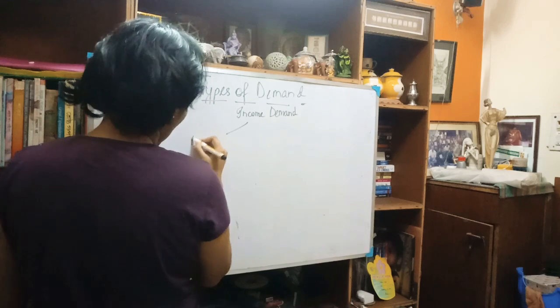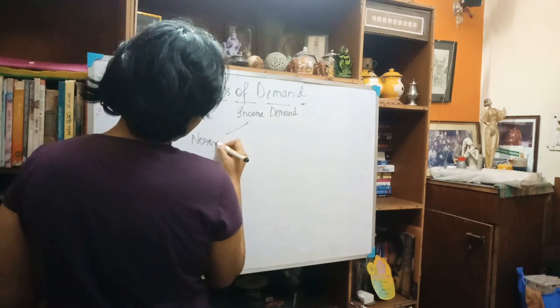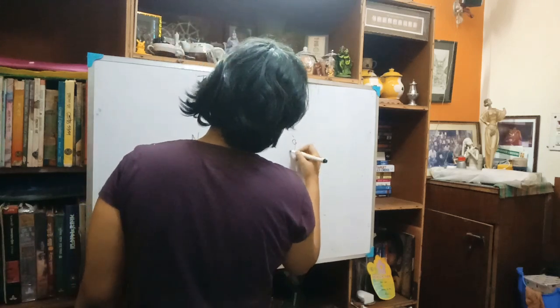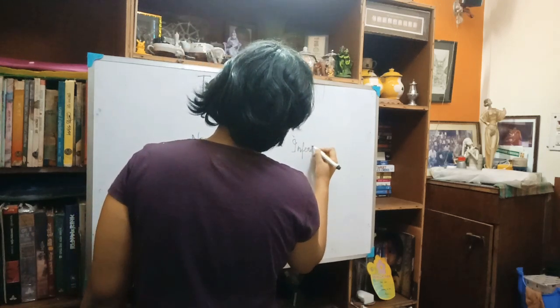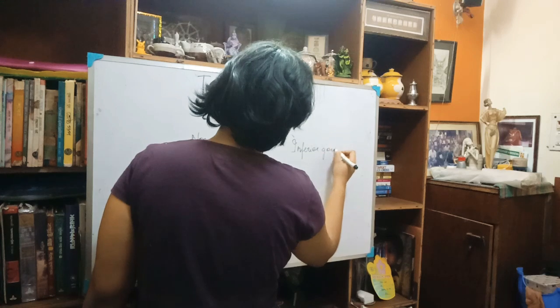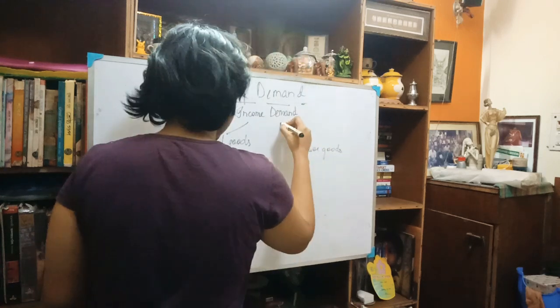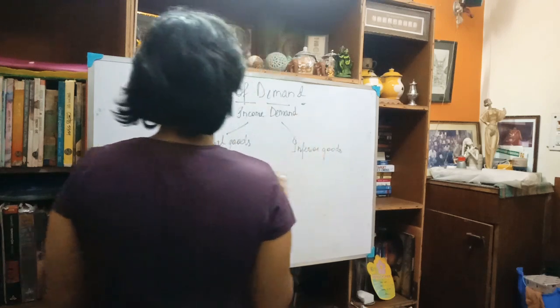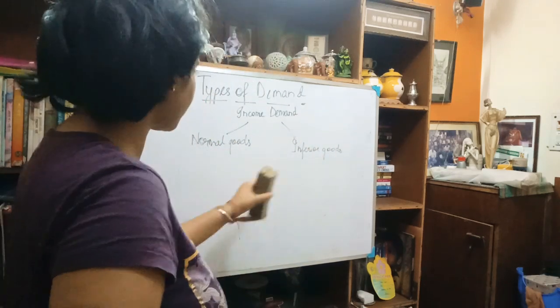One is normal goods and another one is inferior goods. Since this is a chapter of economic applications, we need to know the graphs for each of them.